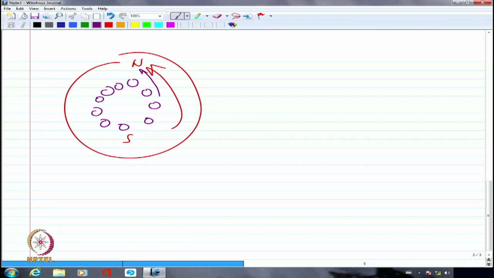That is the reason why, when the motor is running on no load and I suddenly put a load on the motor, let's say I hold the shaft of the induction motor, then what will happen? Immediately you will see that it will require more torque. If there is a requirement of more torque, it will need more rotor current.